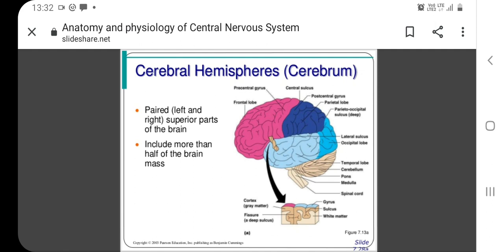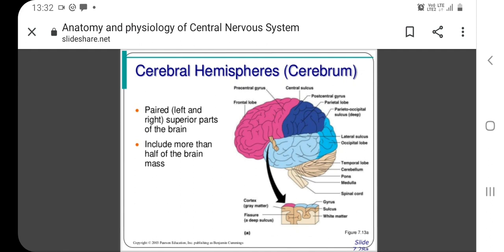We also know that the right hemisphere controls the left side of the body and the left hemisphere controls the right side of the body. So, the right hemisphere is said to be the artistic side and the left hemisphere is said to be the scholar or the intellect region.